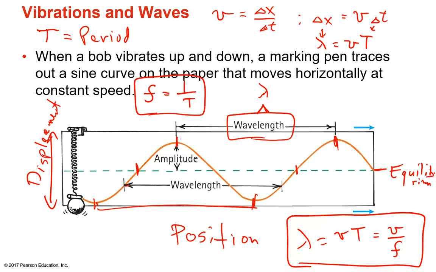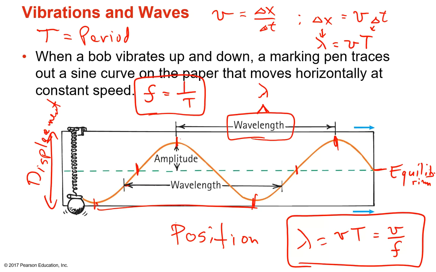Okay. So, reviewing terms again, what is the word for how far this is removed from the start? Displacement. What do we call this position? Equilibrium position. What do we call the maximum displacement? It's on that picture. Amplitude.